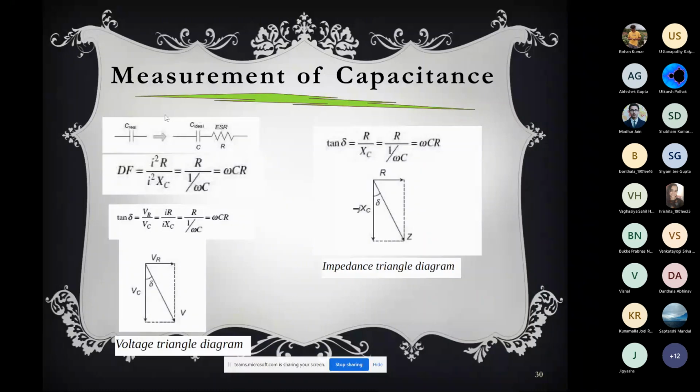You know that impedance will be the square root of R squared plus XC squared. So these three things are very important: tan delta, the voltage triangle diagram, and the dissipation factor. They will be coming repeatedly. That's what was mentioned before measurement of capacitance, and then we'll go to the next bridge.